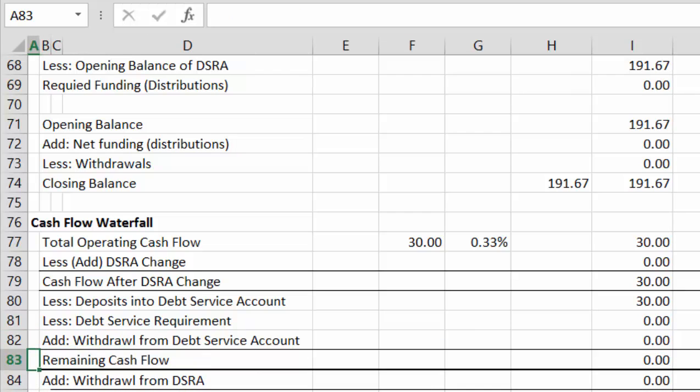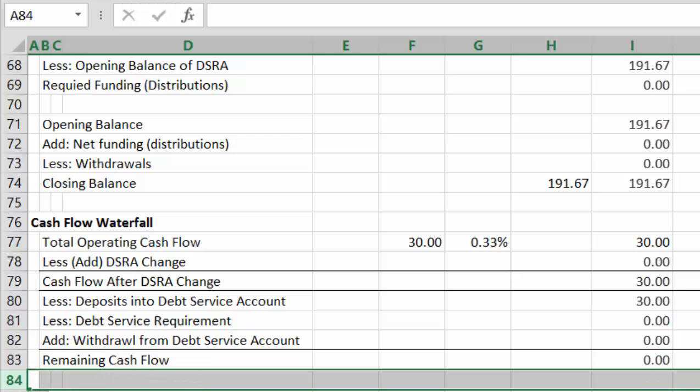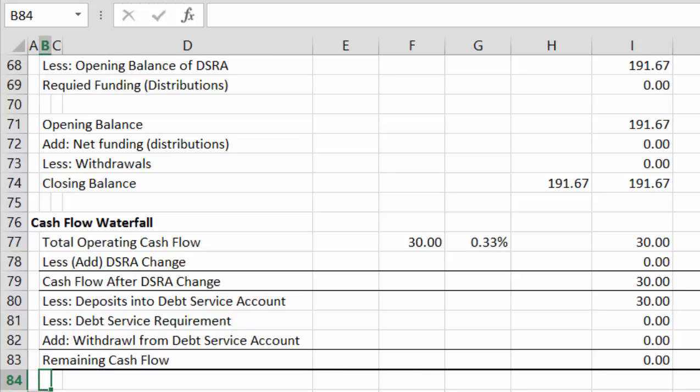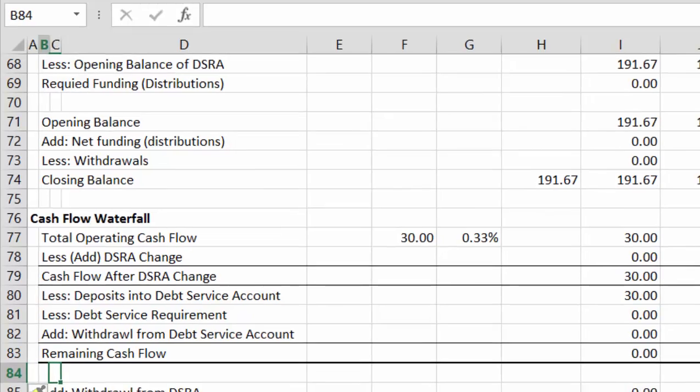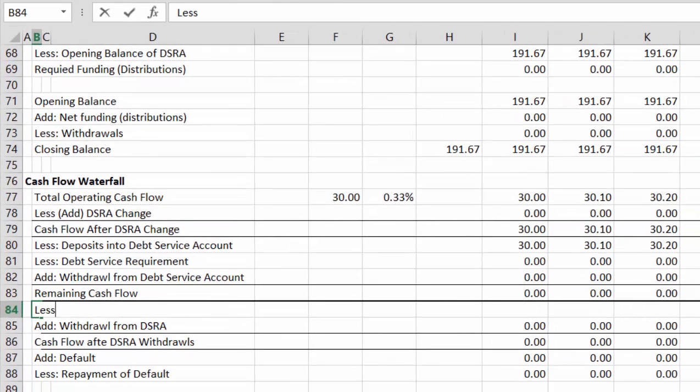Then we'll put remaining cash flows, and then we'll put withdrawals from the cash account, and then less top-ups of DSRA.